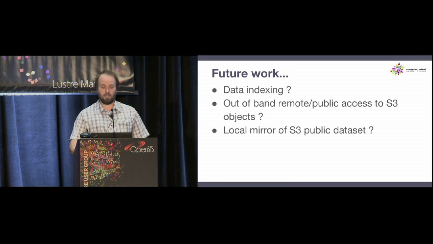We would also like to see local mirrors on Lustre of S3 public datasets, and it's something that we haven't addressed. And I think it's an idea we stole from a set of slides from Intel last year.